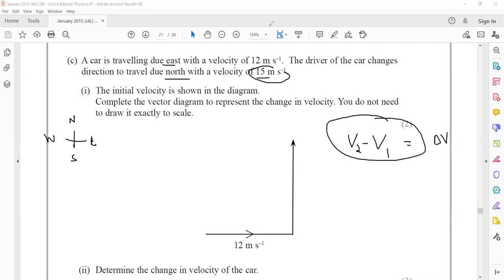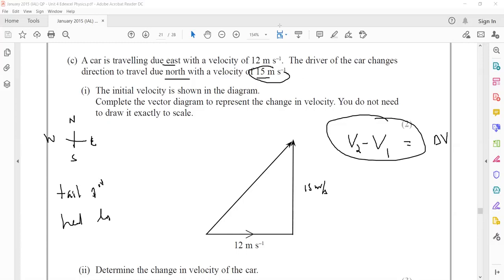If I need a resultant according to the vector addition rule, the resultant is always from the tail of the first to the head of the last. So if I draw a resultant here, it should be from the tail of the first to the head of the last. I will draw a resultant like this.